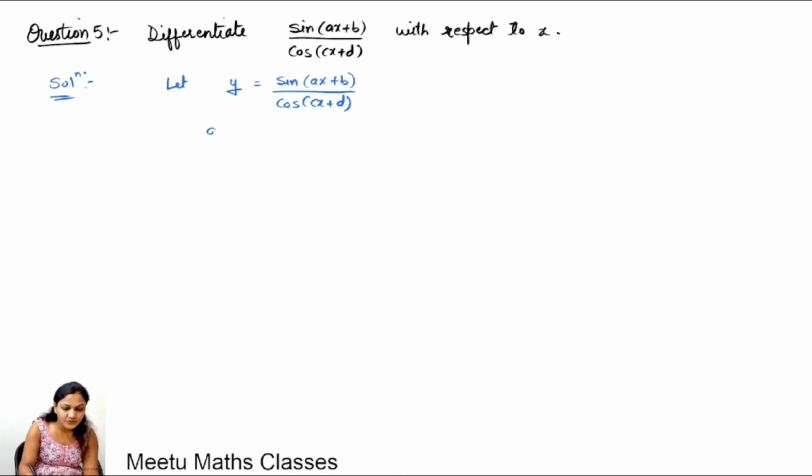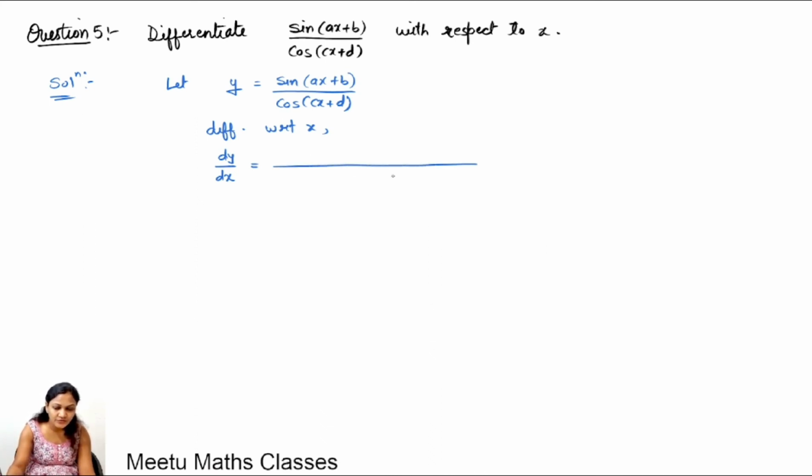Now we are supposed to differentiate this function with respect to x. So differentiating with respect to x will get dy by dx. Now to take the derivative of this, sine of ax plus b upon cos of cx plus d, this is a rational function. So we use the quotient rule, and using the quotient rule we will get the derivative.